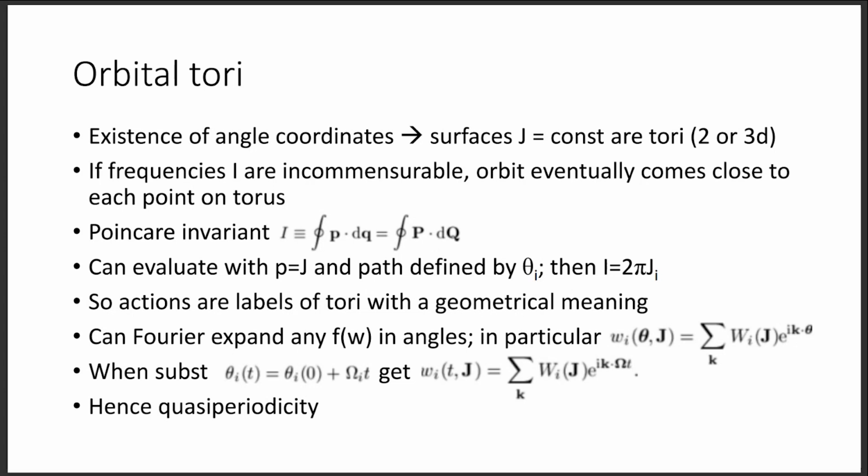We were doing motion in a 4-dimensional phase space. We had 2 constants of motion. Each pair of constants of motion defined a 2-torus. And these angle variables tell you how far around you are in the torus in either the small dimension or the big dimension.